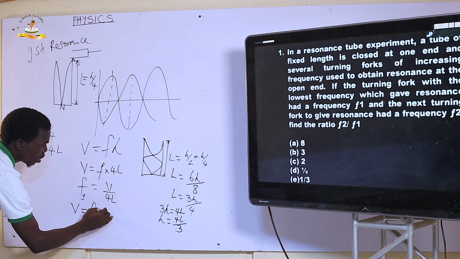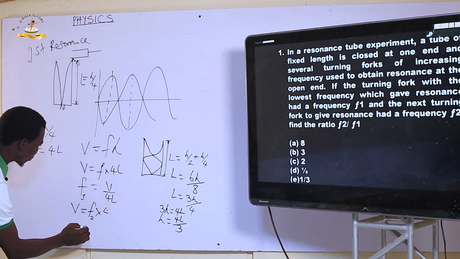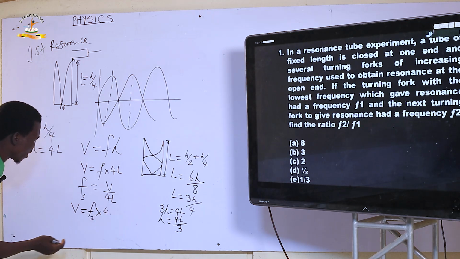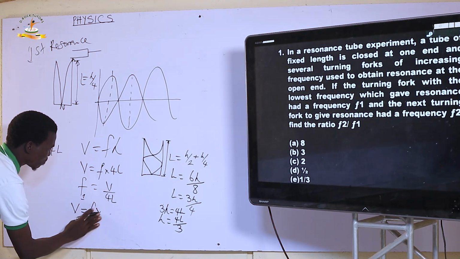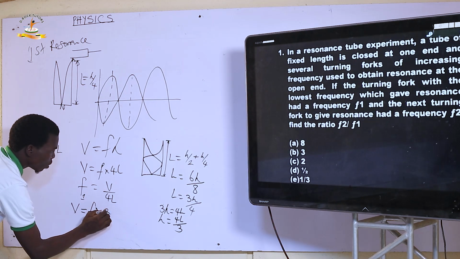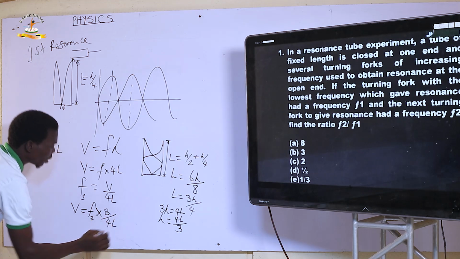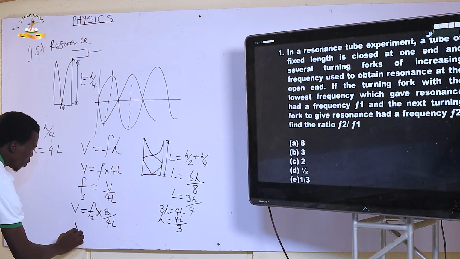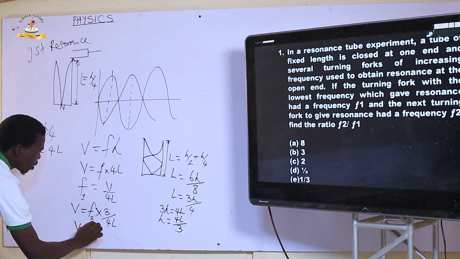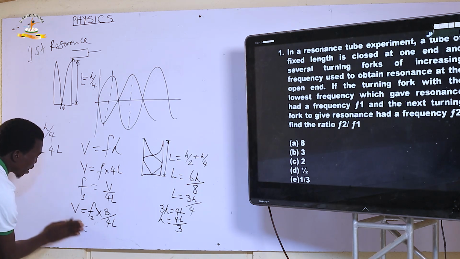Our wavelength, which is what? 4L over 3. We're going to multiply with, or rather divided by wavelength, beg your pardon, and that will be what? Times 3 all over 4L. I believe you understand that, and that is going to be V equals 3. Then we're going to get F2.